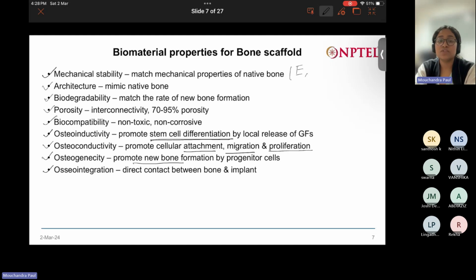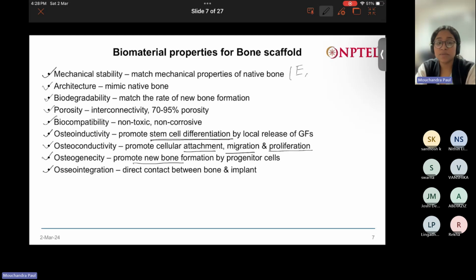There should not be any gap between the bone and the implant, and over a period of time the body should accept it, and not allow fibrosis, the formation of fibrous tissue, at the contact point of bone and implant.